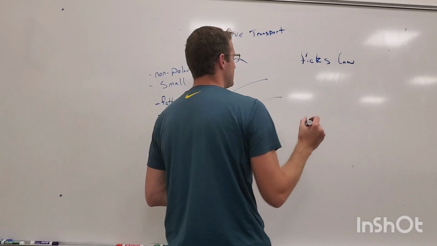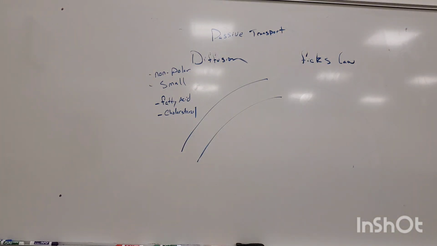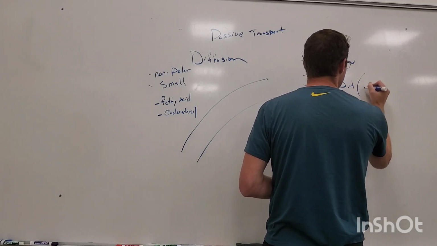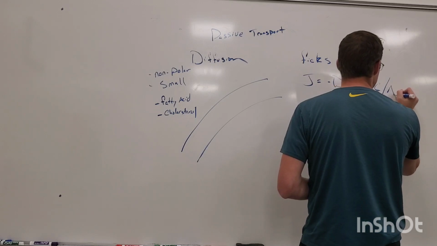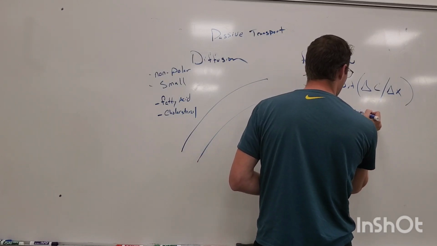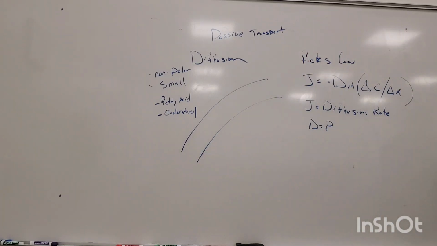Fick's law states that J equals negative D times A times delta C divided by delta X, where J is the diffusion rate, D is the diffusion coefficient, or permeability constant, A is the surface area of the membrane, C is the concentration difference, basically from the inside to the outside, and delta X is the thickness of the membrane.